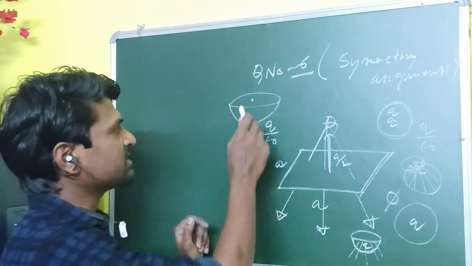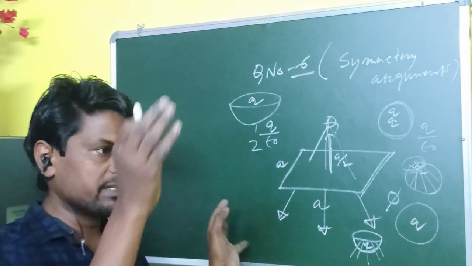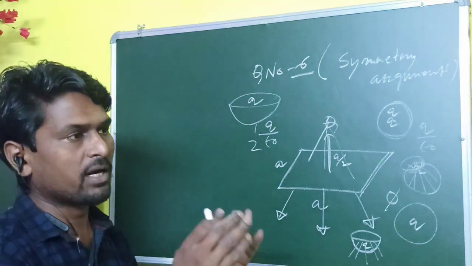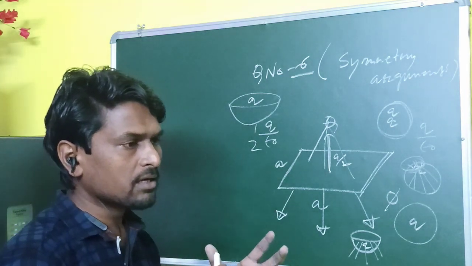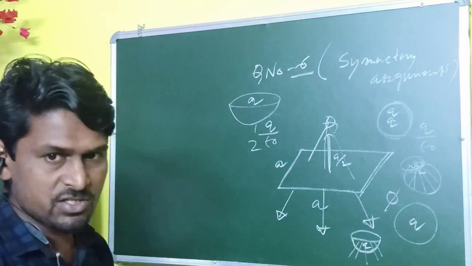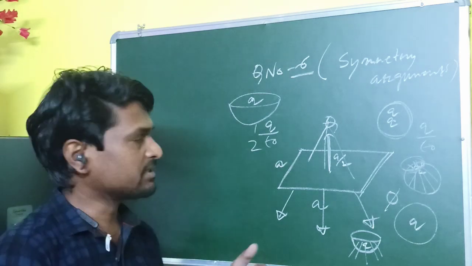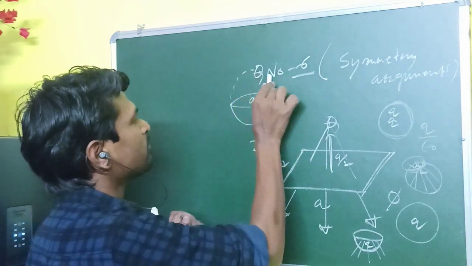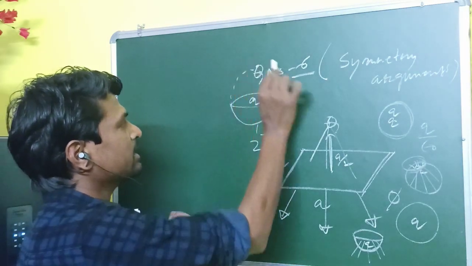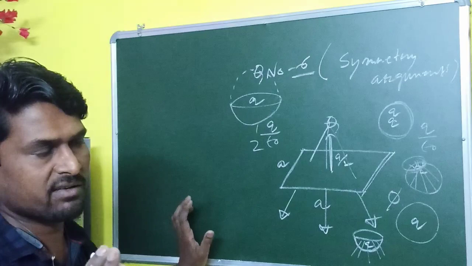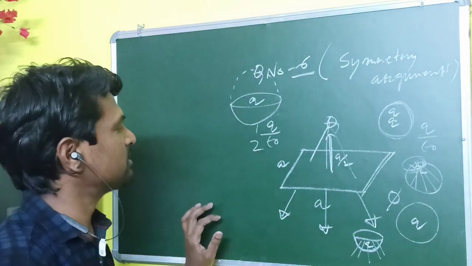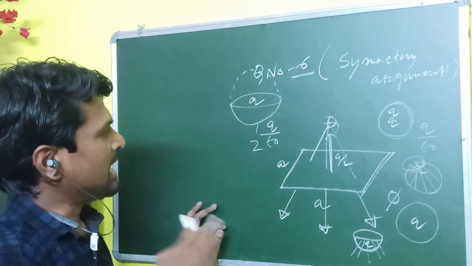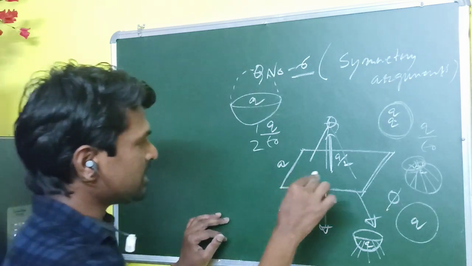If the surface is not closed, it is not strictly correct, but you can say the flux is half of Q by epsilon naught from the symmetry argument. Since if the total sphere is given and the charge is enclosed within the sphere, then it is Q by epsilon naught, so this is half Q by epsilon naught. And the next one is that particular question.